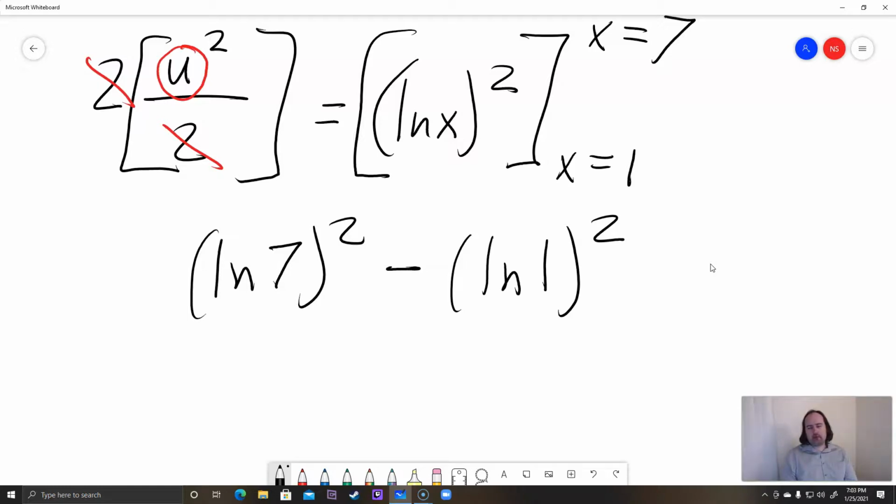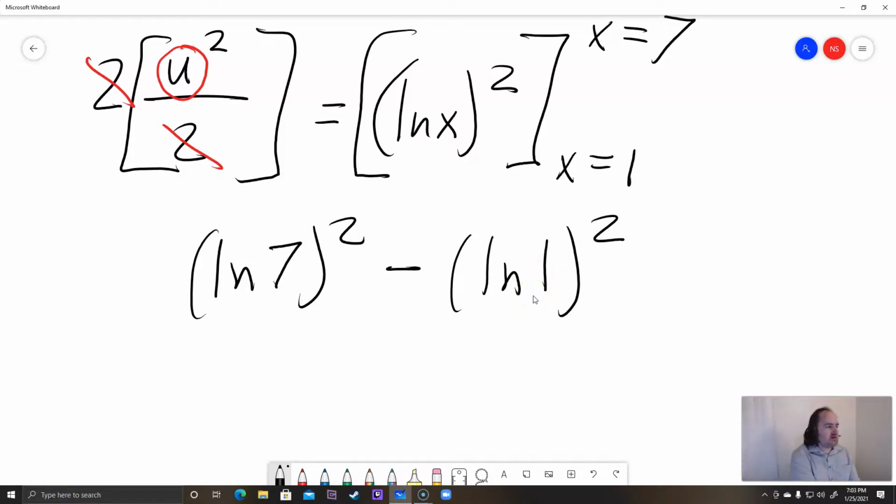Okay? And then we can simplify this a little bit. I don't know if you remember this, but natural log or any logarithm of 1 is going to be 0, because here e to the 0 is 1. So ln of 1 is going to be 0.